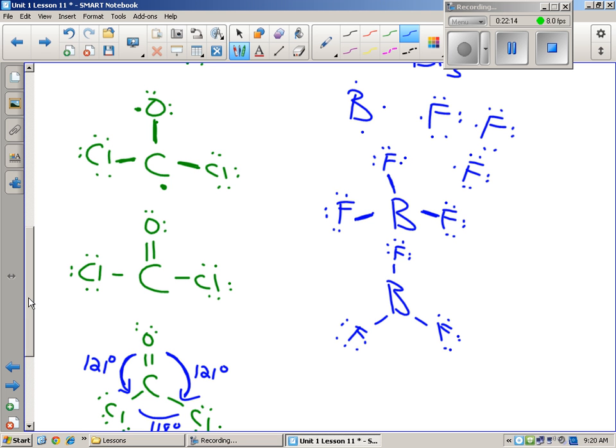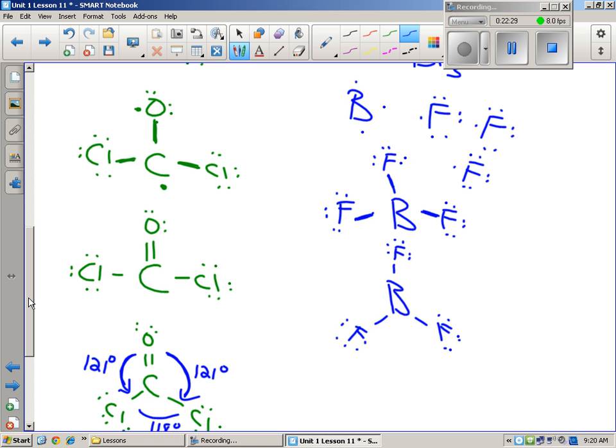B, boron, is an exception. It's one of the exceptions to the octet rule. Hydrogen only needs 2. Helium needs 2. Boron can get away with 3 around it.